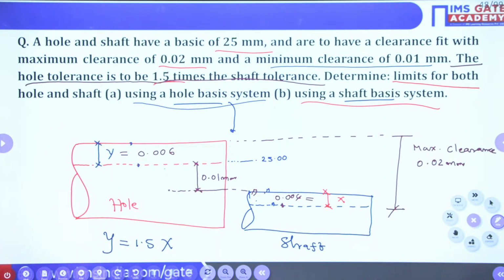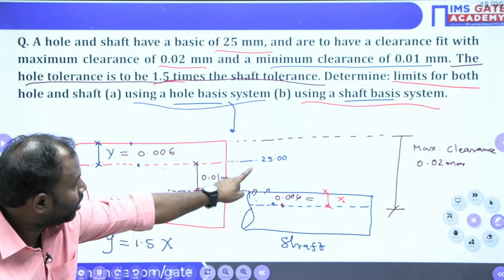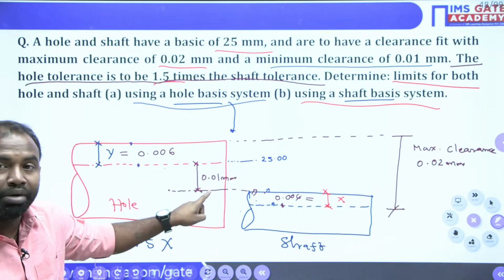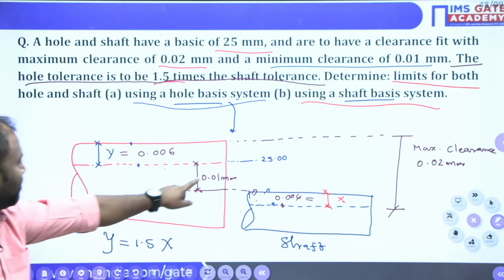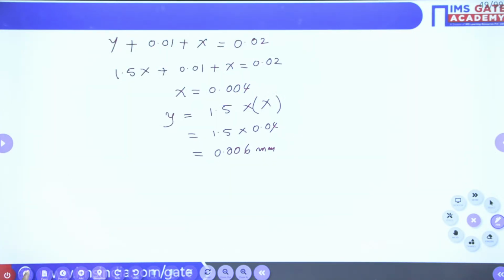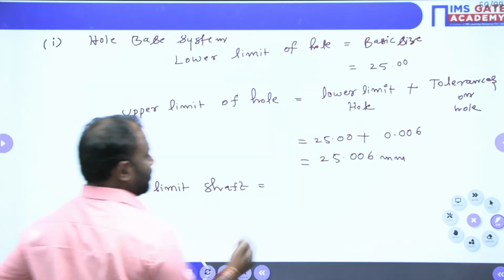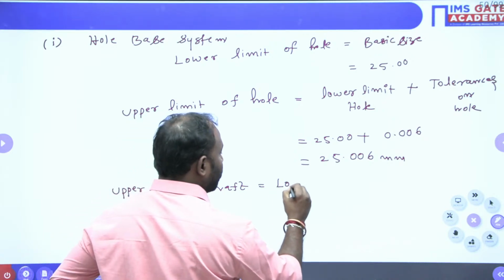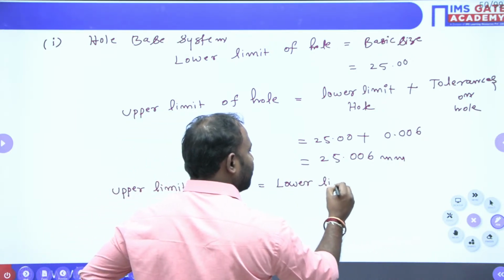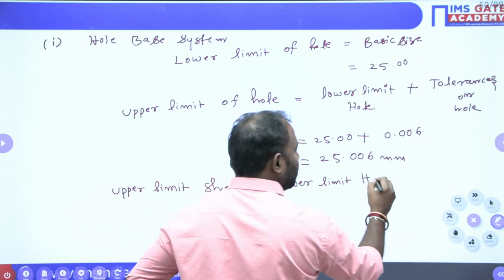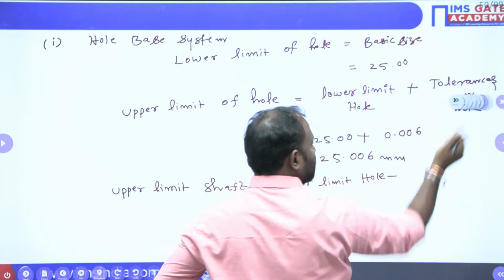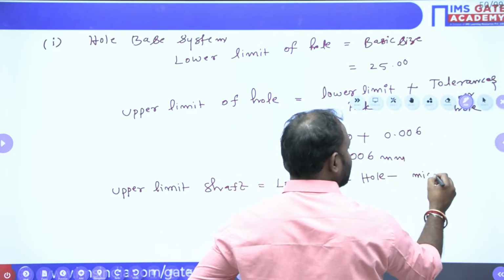Right. Now let us go for solving that. If I want the upper limit of the shaft, it is the lower limit of the hole minus the minimum clearance. It is a minimum clearance, na? Upper limit of the shaft is equal to lower limit of the hole minus minimum clearance.